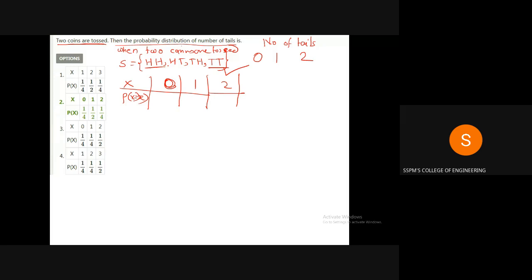So the probability of getting no tail is 1 by 4. For one tail, for these two values we have only one tail. So the probability will be 2 by 4, and similarly for getting both tails, that is 1 by 4.